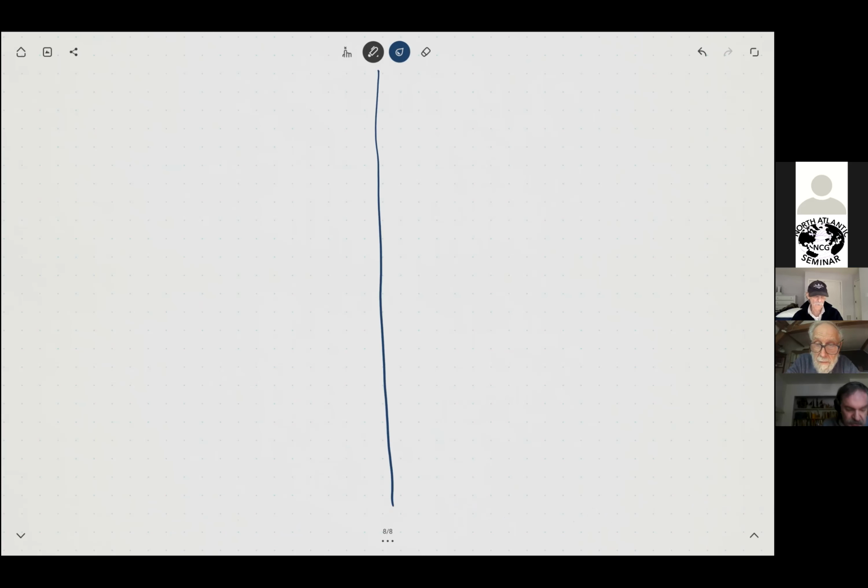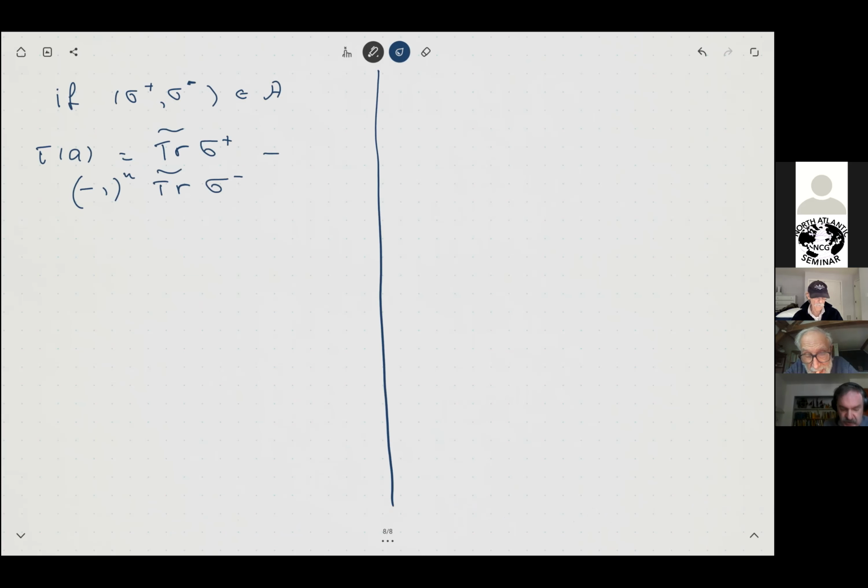Now if we have this pair sigma plus, sigma minus in A, we can define tau of A to be the difference of the regularized traces of the components.